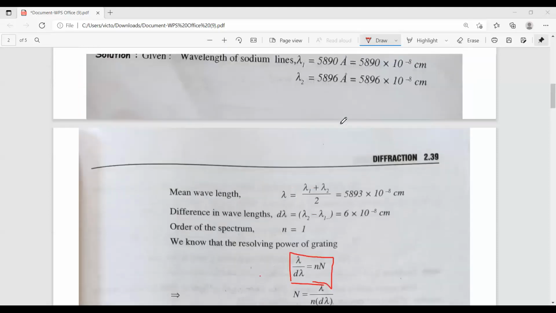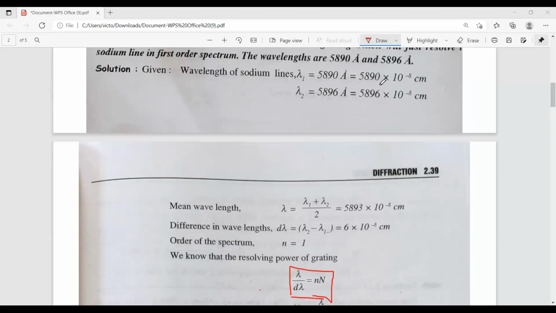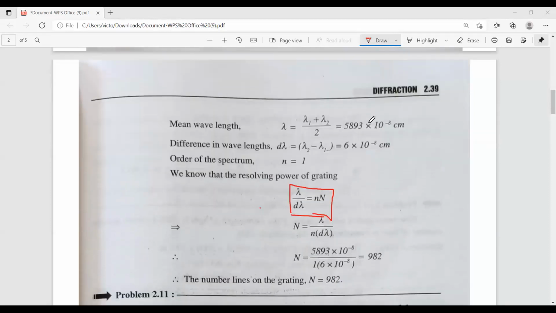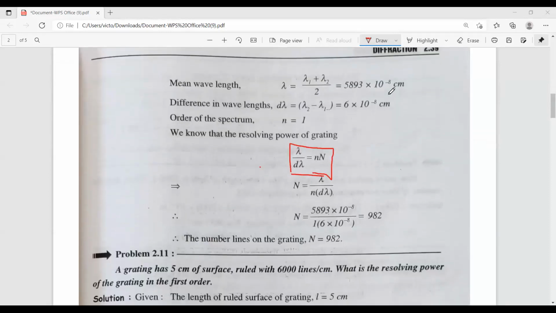Lambda 1 value is 5890 angstroms, that is into 10 power minus 8 centimeters. By taking the average between these two wavelengths, we get the lambda value, that is 5893 into 10 power minus 8 centimeters.